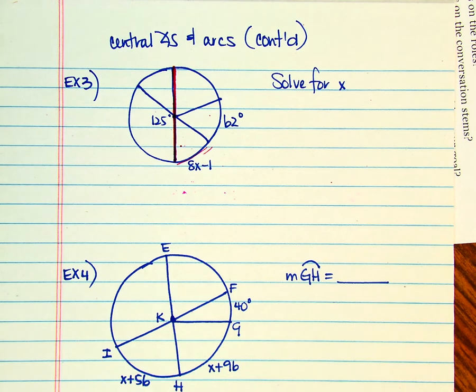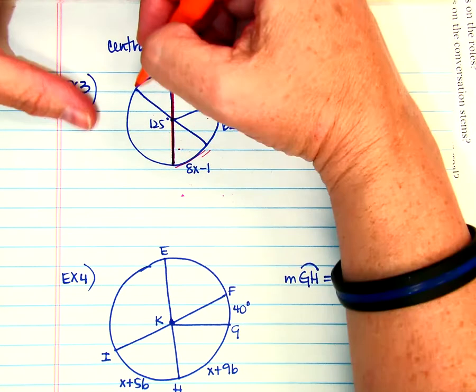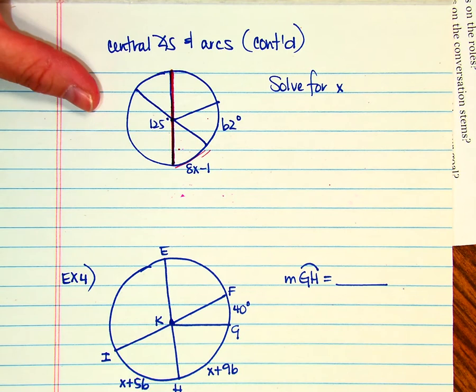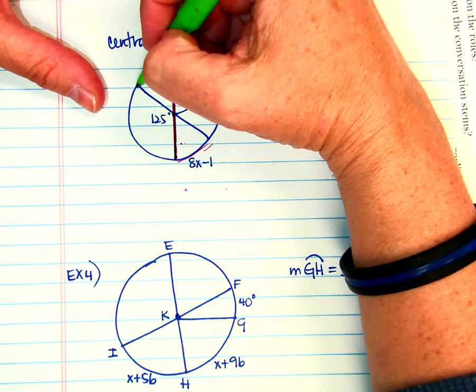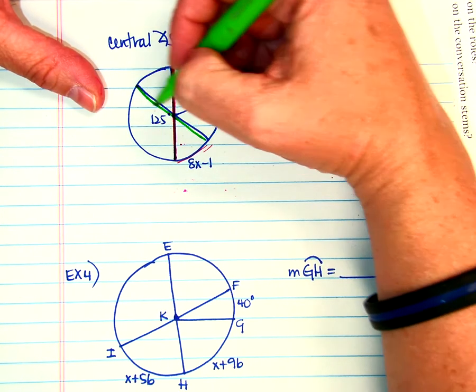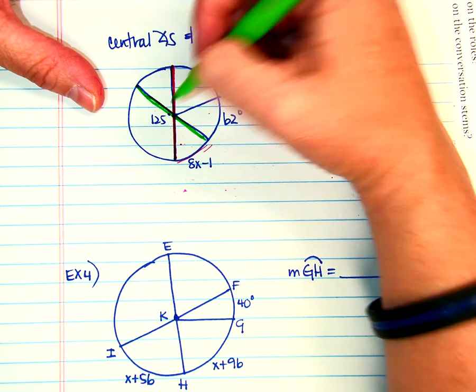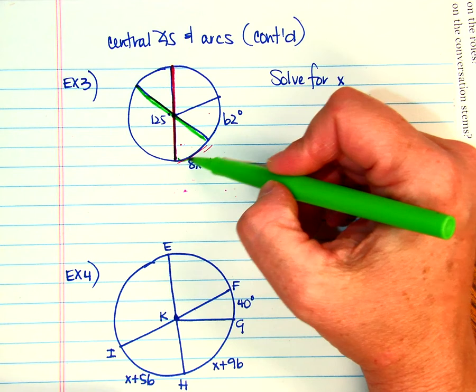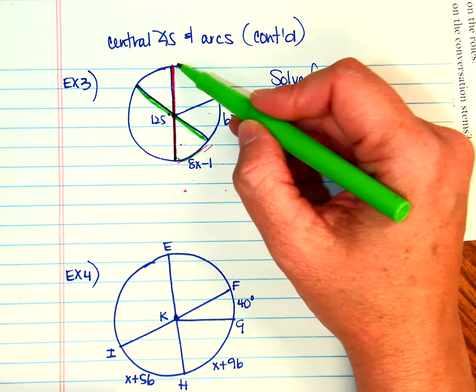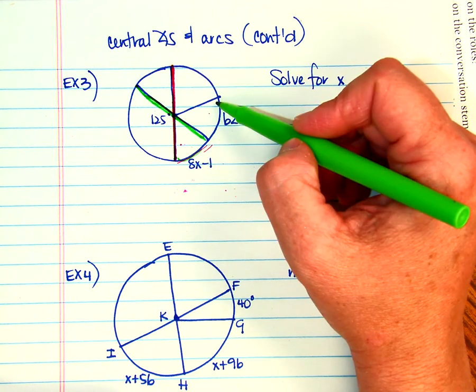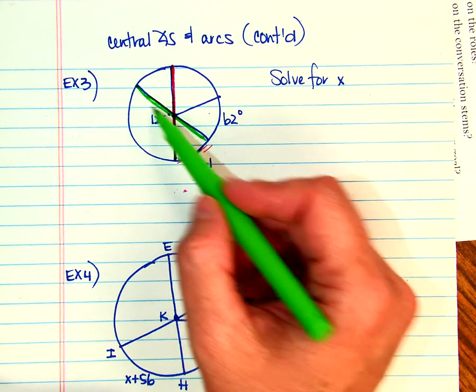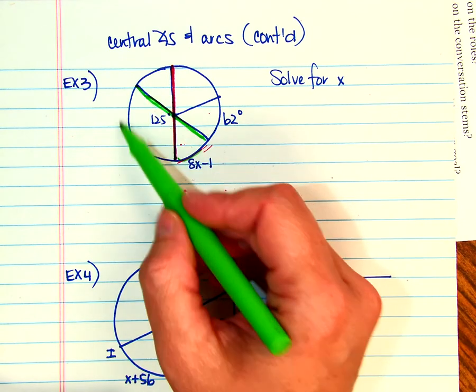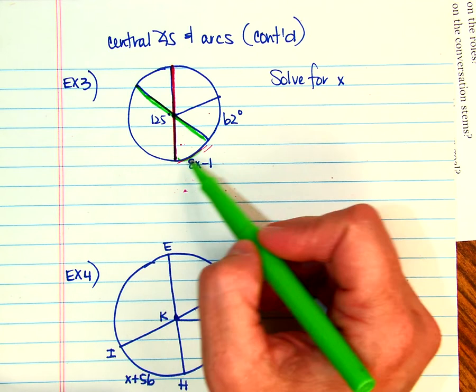I'm going to go ahead and, let me use a different color, highlight another diameter. Okay, because if I looked at the red one, I have this arc, but I'm missing this one. And if I look at the green one, I have both of those, and I know both of these have to add up to 180 degrees.